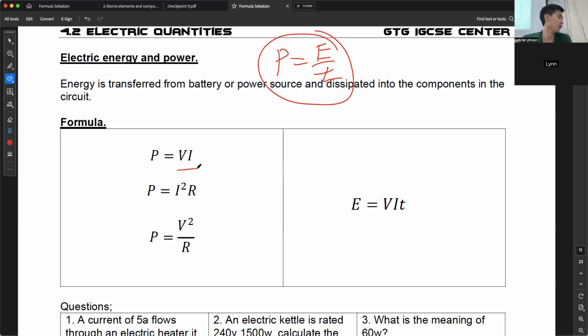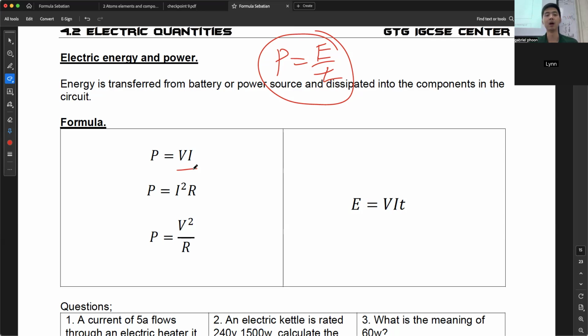In fact, if you look at the fine print on your computer charger, you'll see how much the input voltage is and how much the input current is. That tells you how much power is going to be consumed by your electrical devices.